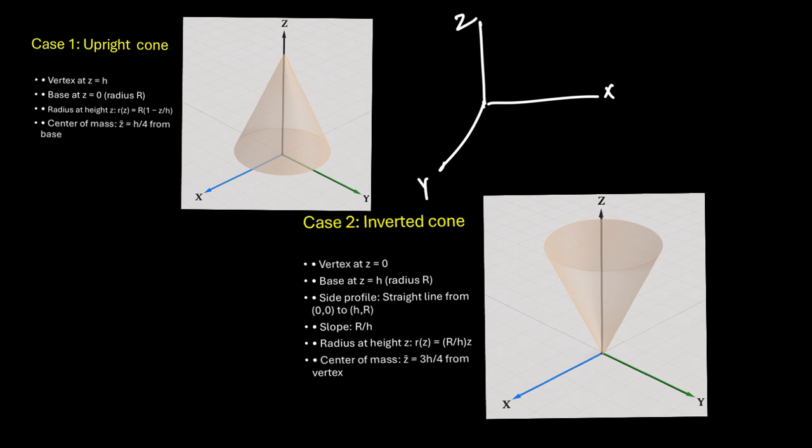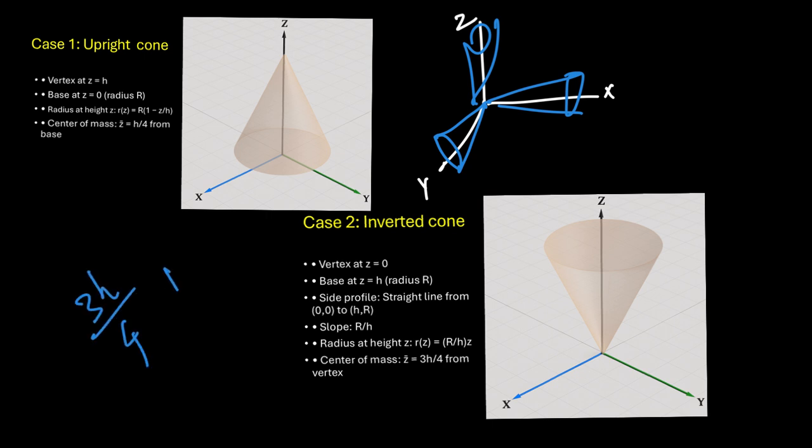Well, of course, yes, that is a good possibility. For that matter, the cone can even be placed symmetric to y-axis like this. There can be many possibilities for the cone, and no matter which orientation you keep, the answer should definitely be 3h by 4 from the vertex and h by 4 from the base.